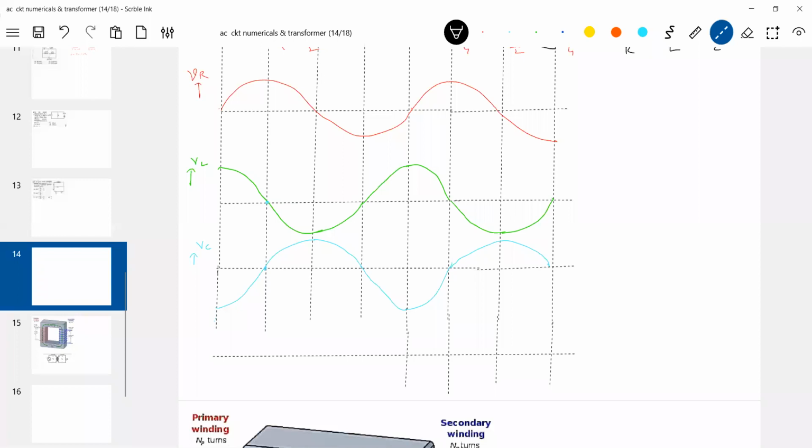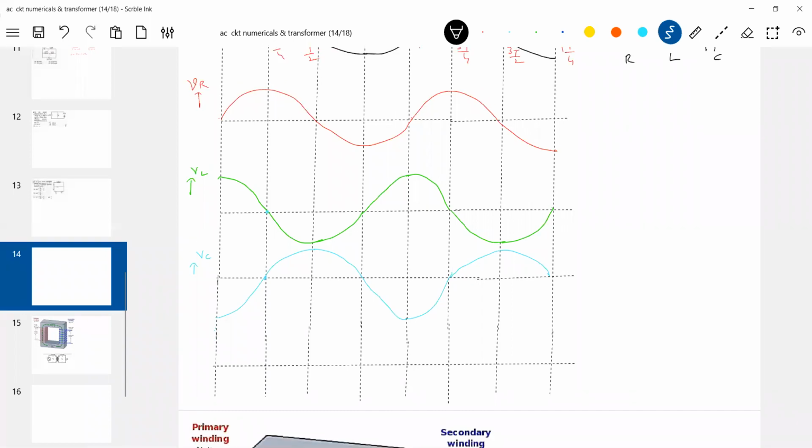Please compare the graph. I think in exams, through the graph it'll be much easier rather than using mathematics and trying to conclude anything. It'll be very difficult. So here it all depends upon XL greater than XC. So if I'm writing XL greater than XC, then what should happen to the current? Current should lag the voltage. So I can proceed like this.